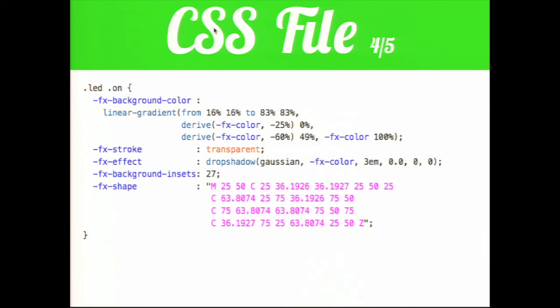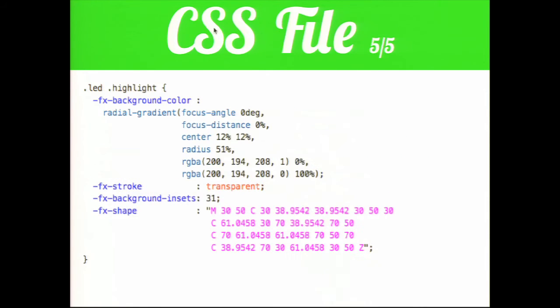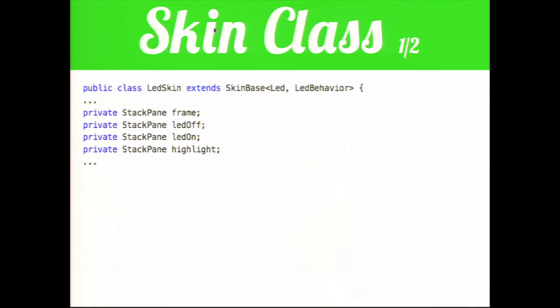And here we have the on state, and this is a drop shadow, which represents in this case a glow, because in principle this is the same, just with the color. And this is now the -fx-color that I defined at the beginning, the color red. And this is the color that is used there. And again, this is always this shape. And this is the highlight, this little one.